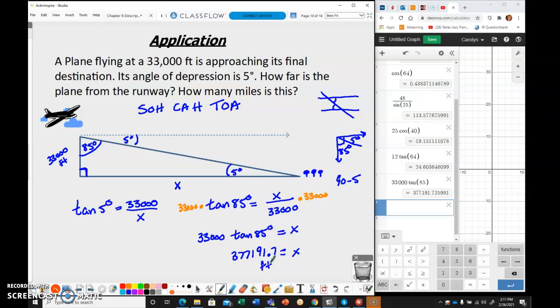One of the things that you need to know for the future is that 1 mile equals 5,280 feet. That is one of those conversions that you're expected to remember, and we're going to be using that as well. Okay, so there's my application for my airplane problem.